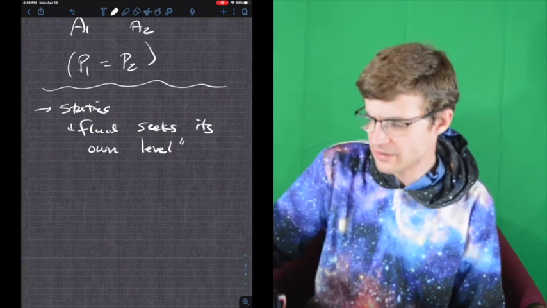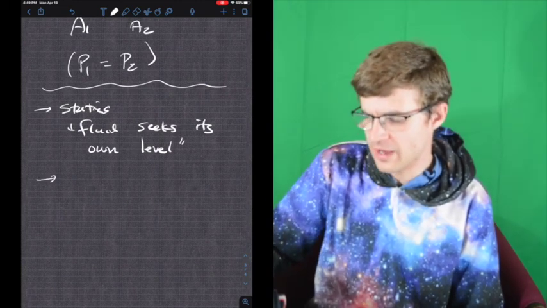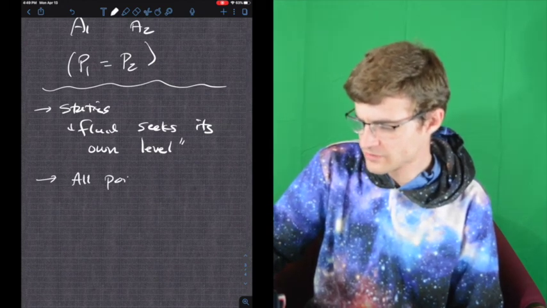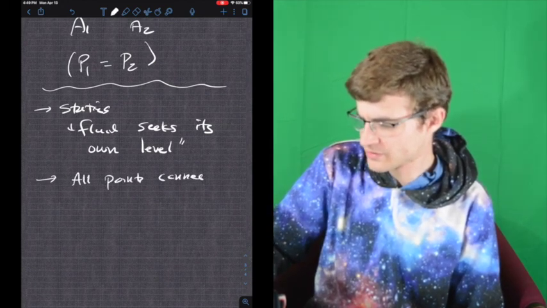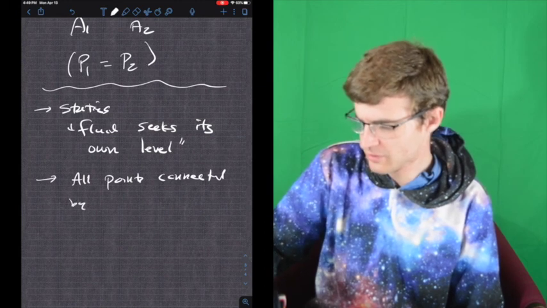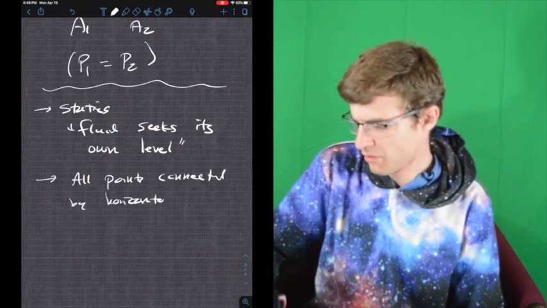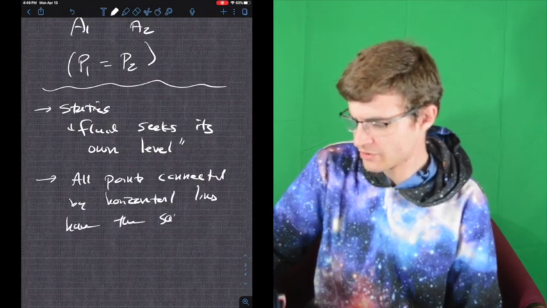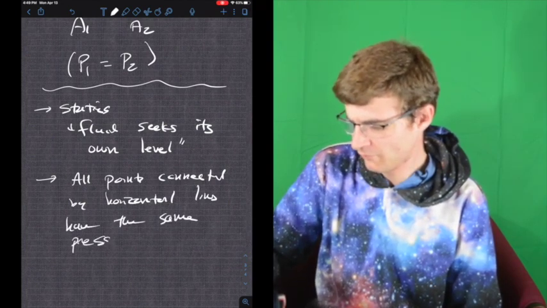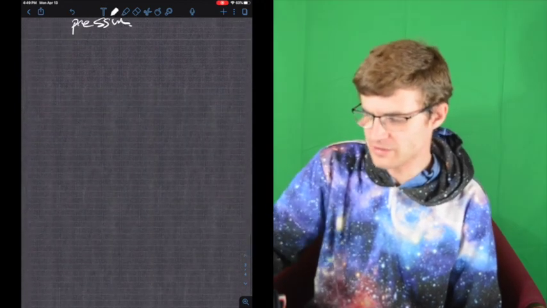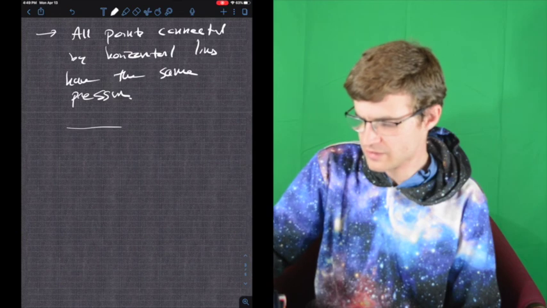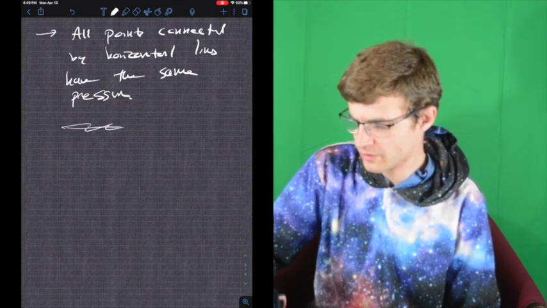Another corollary of that is that all points connected by horizontal lines have the same pressure. The example you've seen me exploit of that is, say, I'm going to make it up here. Here's the ground.